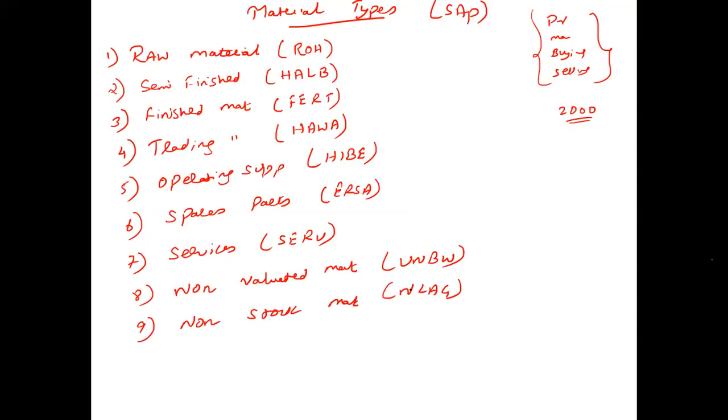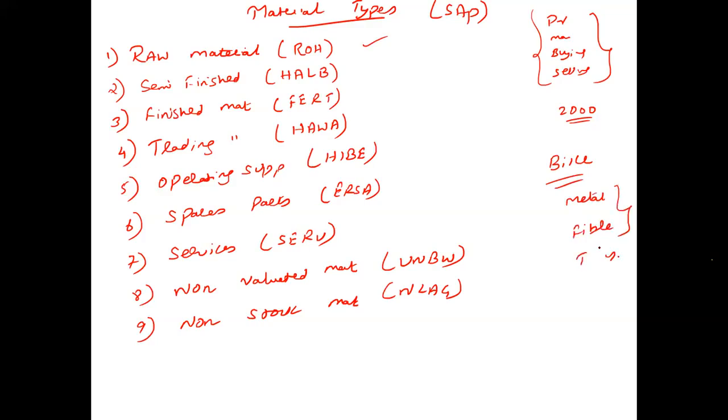Now, let me explain each and every material type. For example, now let's see what is raw material. Raw materials are something, if you see in the business scenario, you're going to procure. For example, your company is manufacturing bikes. So to manufacture a bike, you need metal, you need fiber, and you need tires.